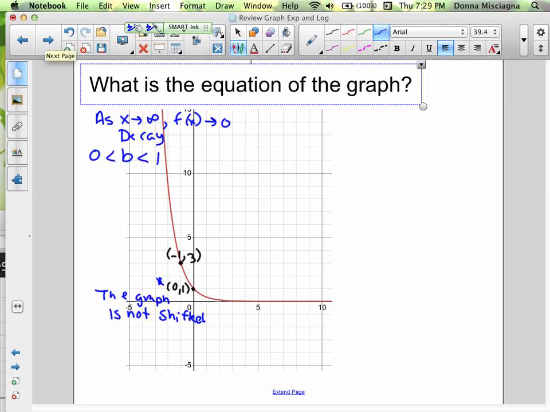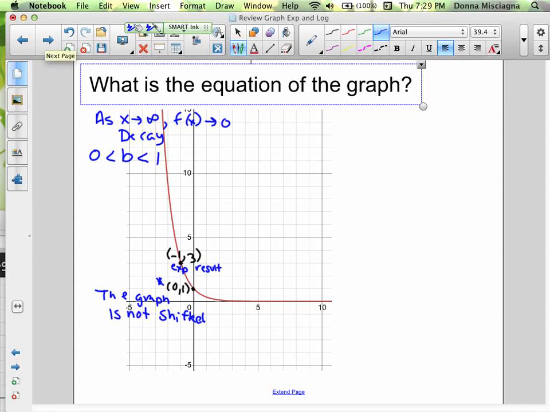Now here we have a point that really helps us out. So now we have the point (-1, 3). All right, so this is the x here, this is the exponent, this is the result, the opposite of log.